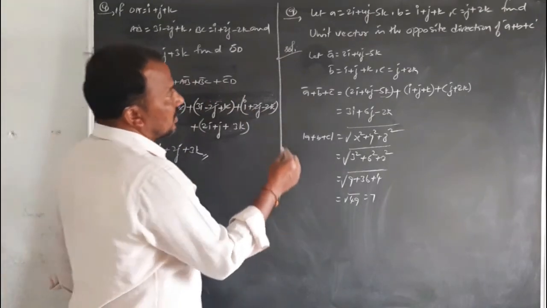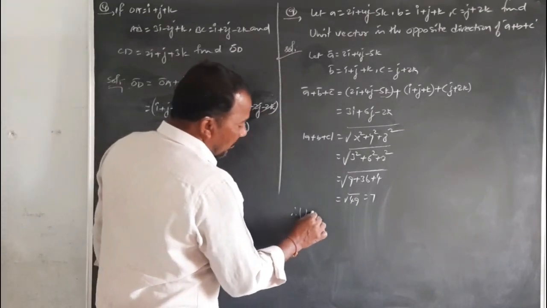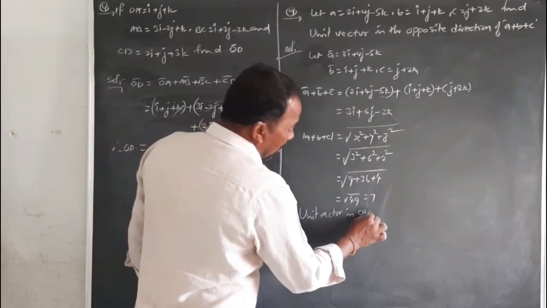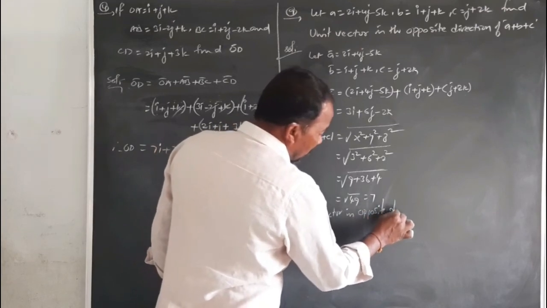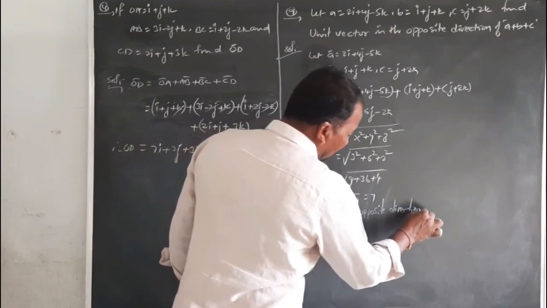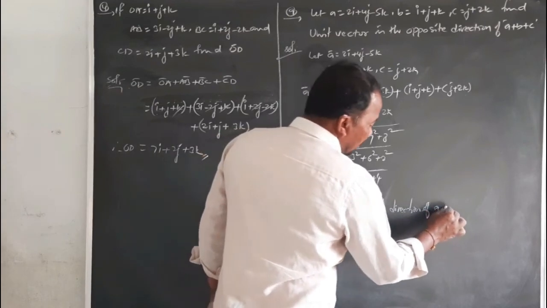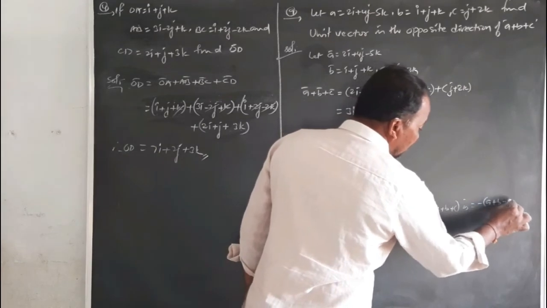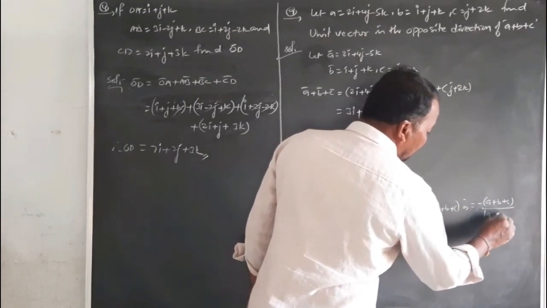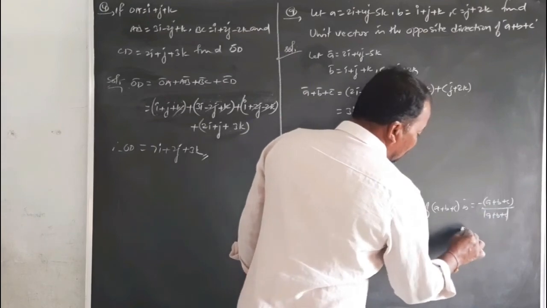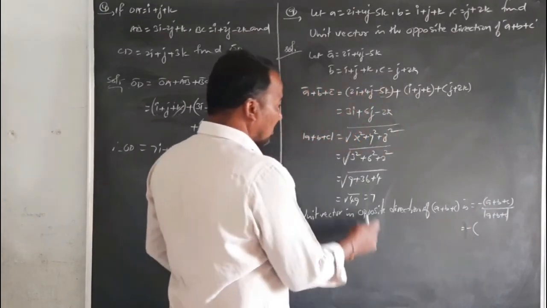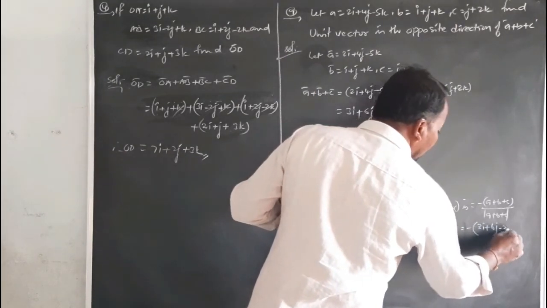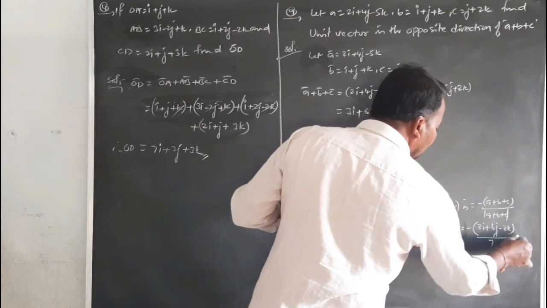What is the condition? The unit vector in the opposite direction of A plus B plus C is minus of A plus B plus C by mod A plus B plus C. Minus of 3i plus 6j minus 2k by 7 is the answer.